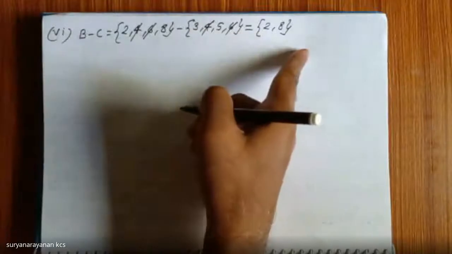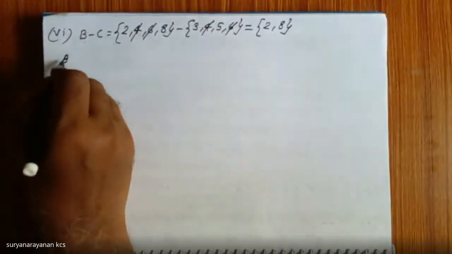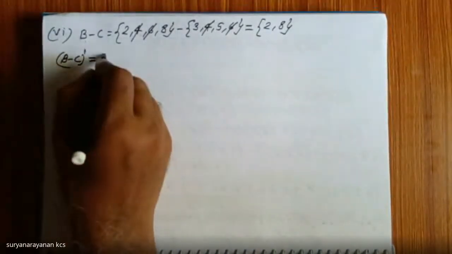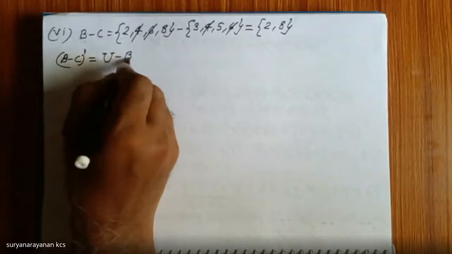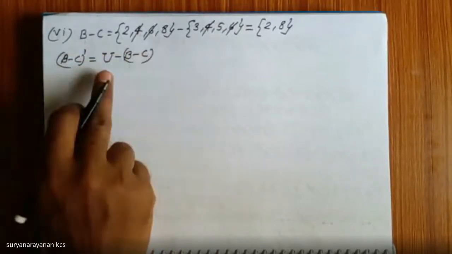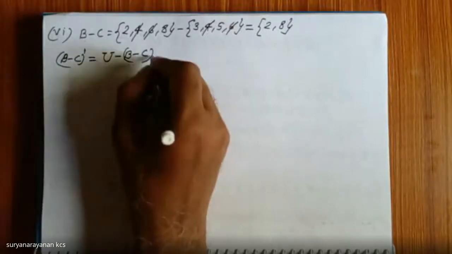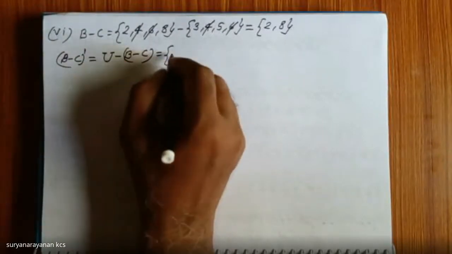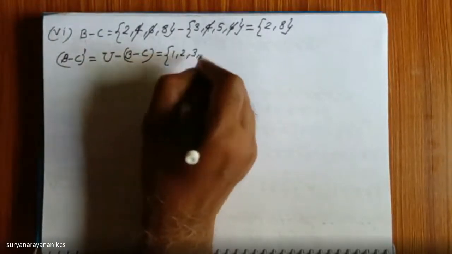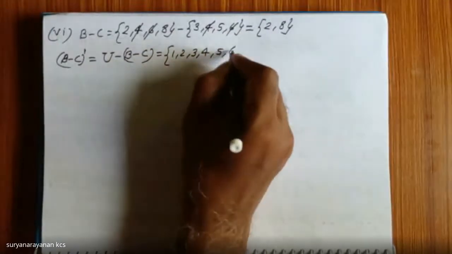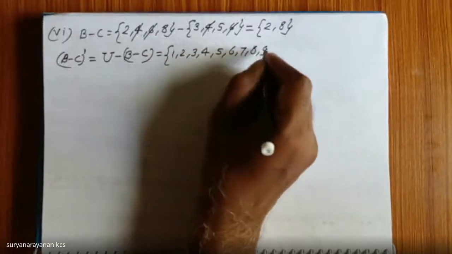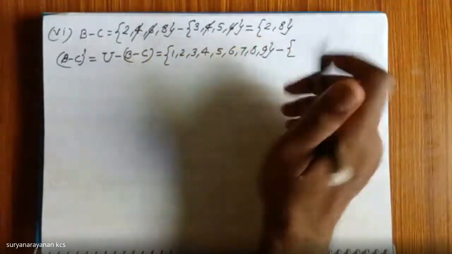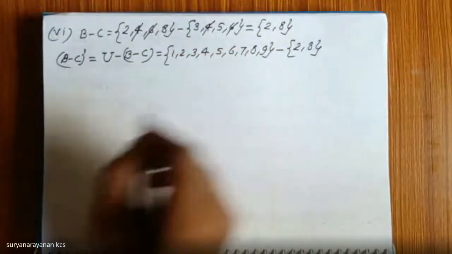This is B minus C, but actually they asked B minus C whole complement. B minus C whole complement means universal set minus B minus C. So we write the elements of the universal set 1, 2, 3, 4, 5, 6, 7, 8, 9 minus B minus C, which we have already found: set 2, 8.